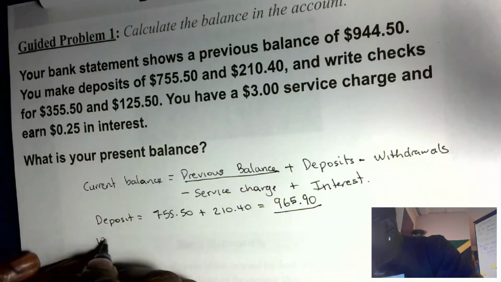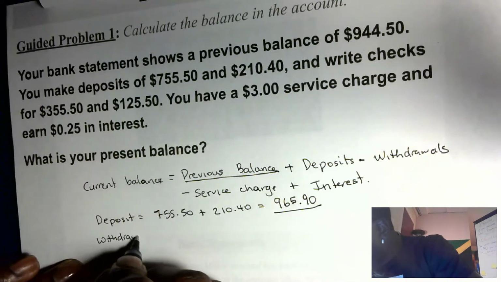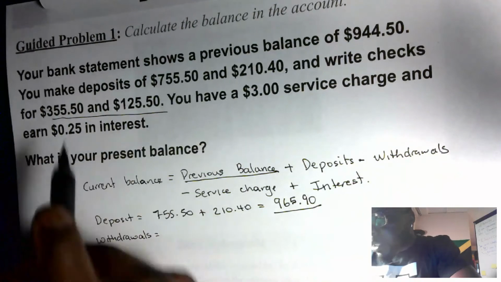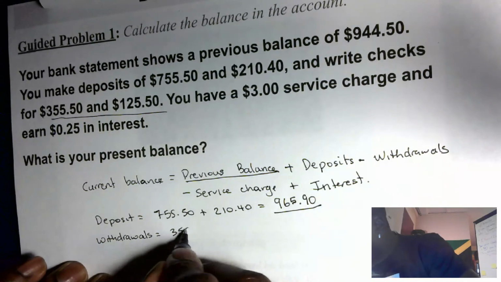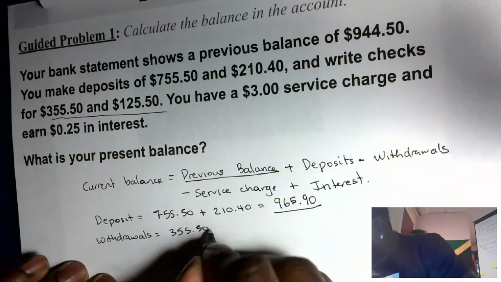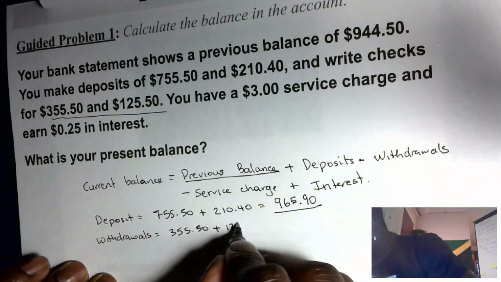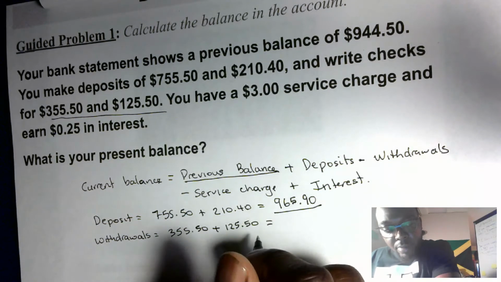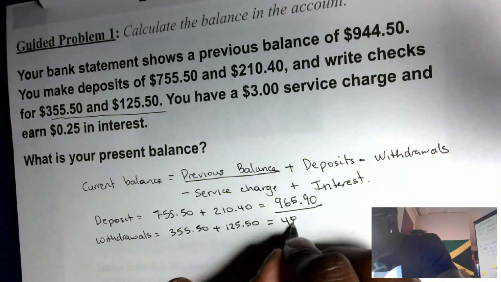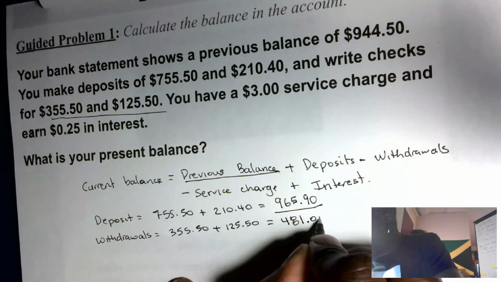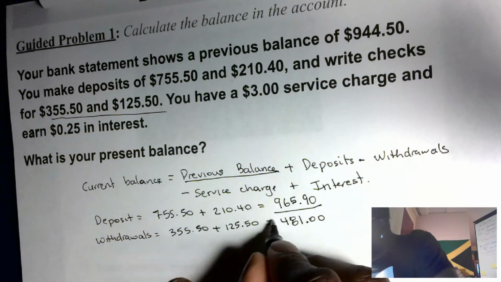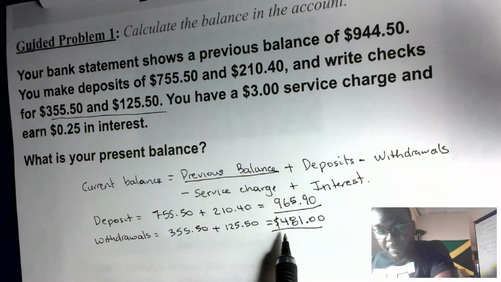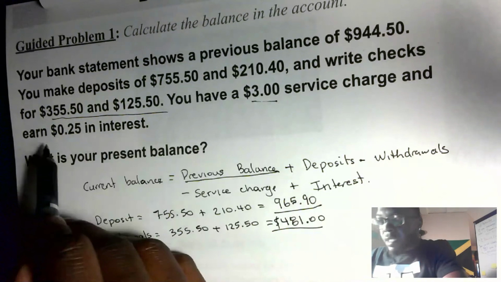For withdrawals, it says I wrote checks for 355.50 and 125.50. I want to know the total withdrawal out of the account, so when I combine these two numbers, I get $481. This is my deposit total and this is my withdrawal total. I already know what my service charge is and what my interest is.